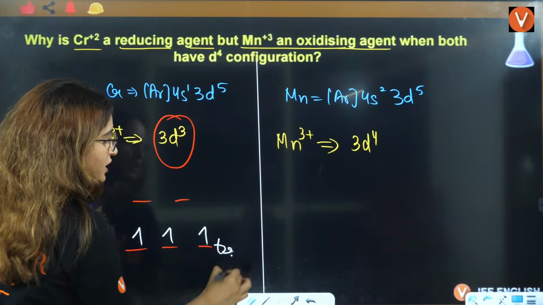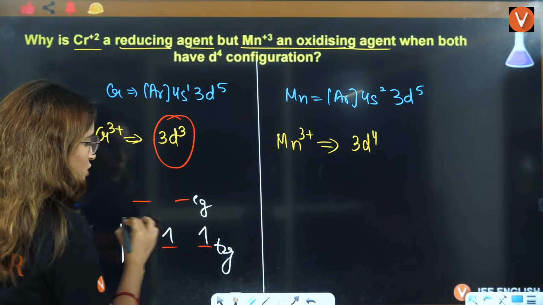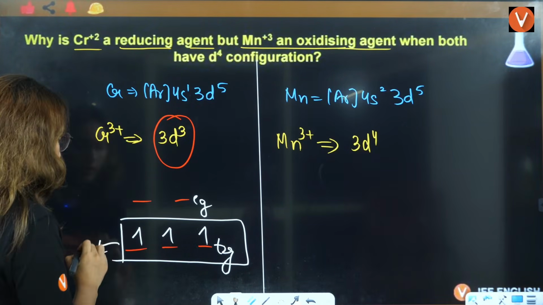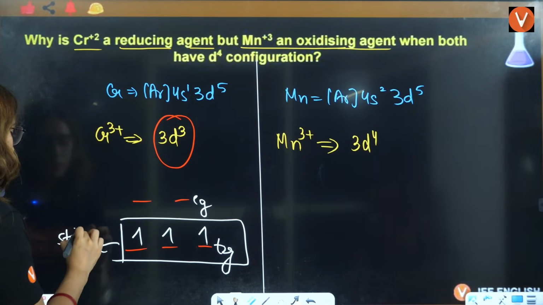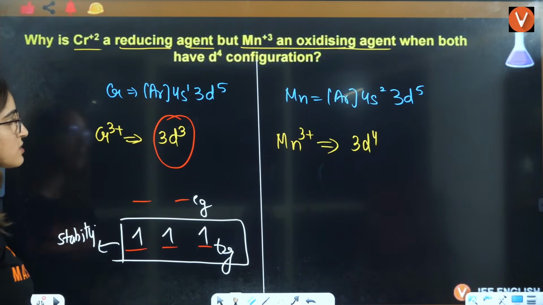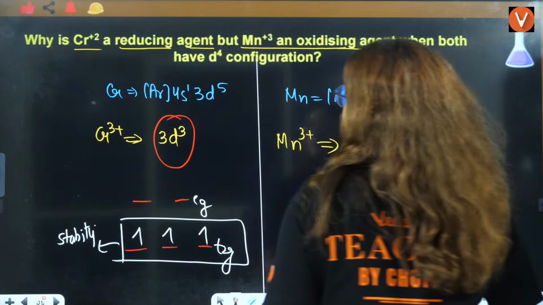This is T2G, this is EG. Chromium 3 positive is stable because of this T2G stability.